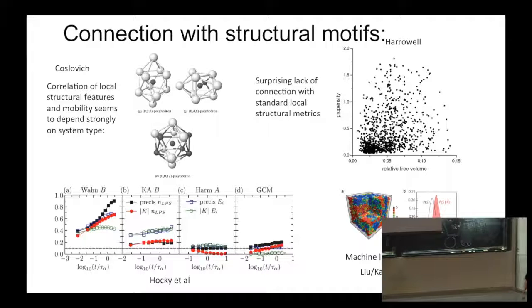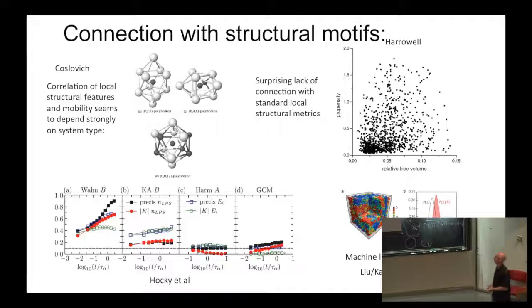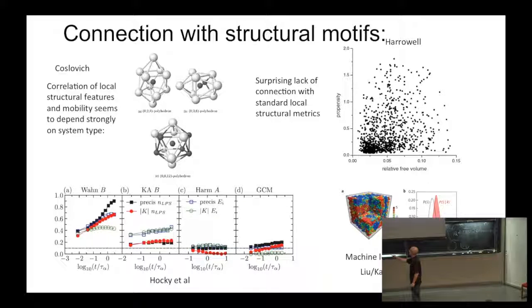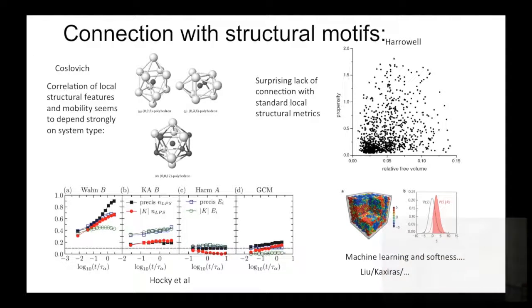I'm not going to belabor it. In some systems, if you look at standard statistical measures like Spearman coefficient or precision, in certain kinds of Lennard-Jones-like systems, the correlation between some sort of icosahedral order and whether particles are slow or fast, highly propensed or low propensity, is actually quite good.